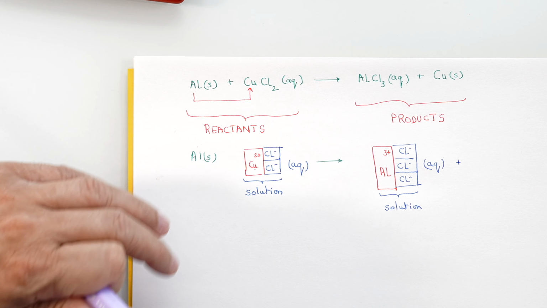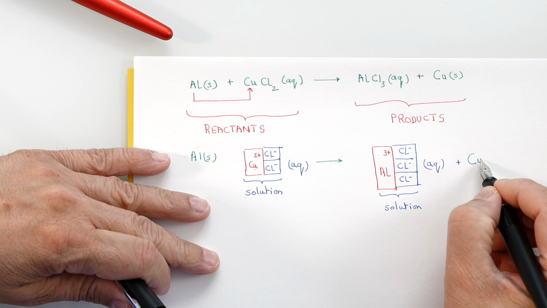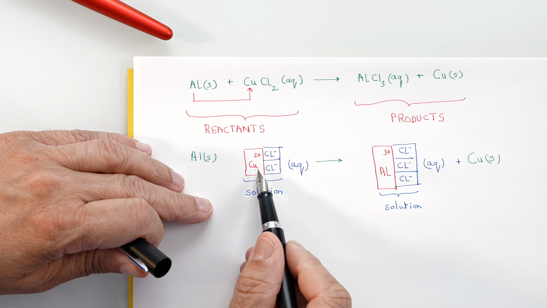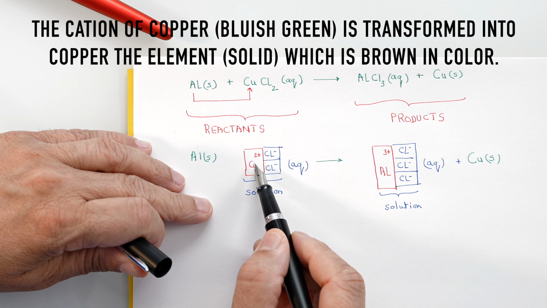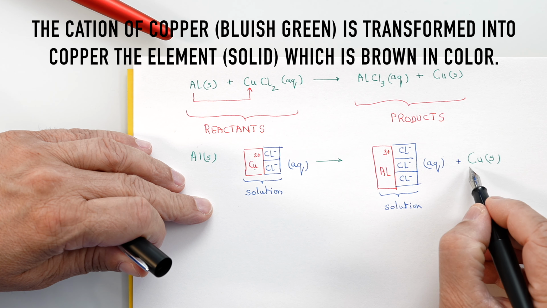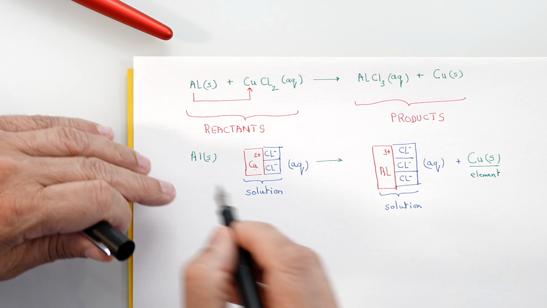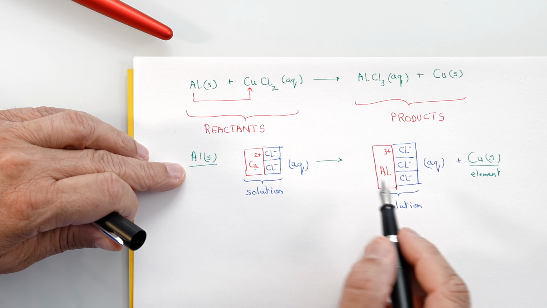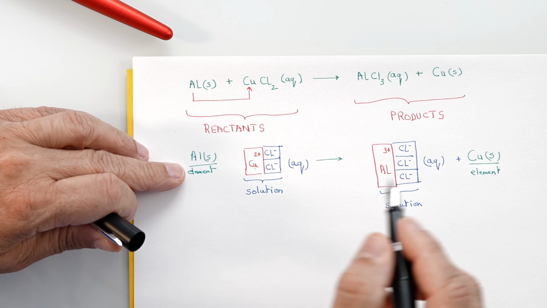Plus, you end up now with a copper that is solid. So your copper that started out being a cation has now gained electrons from the aluminum and become the element copper. The element aluminum actually lost electrons and became an ion. So it started out as an element, became an ion.